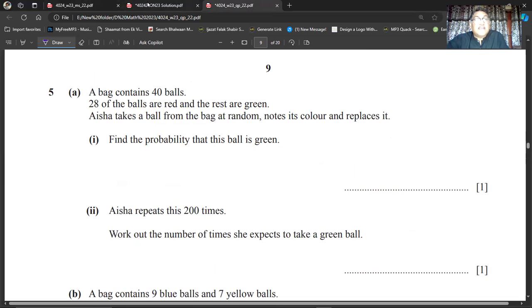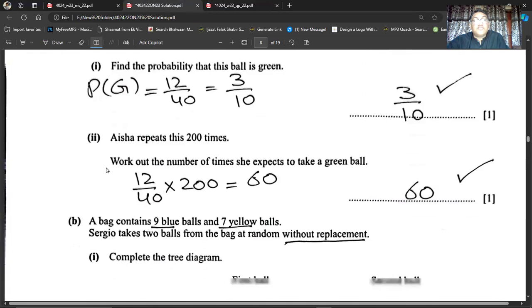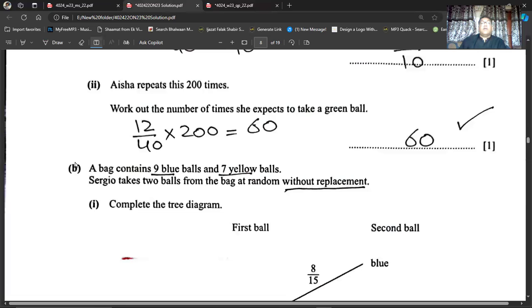So out of 40, 12 times she can take the green ball. So out of 200, how many times is this possible? So 12 by 40 multiplied by 200, and that is 60. So if she does it 200 times, there is a possibility that she will get a green ball 60 times.